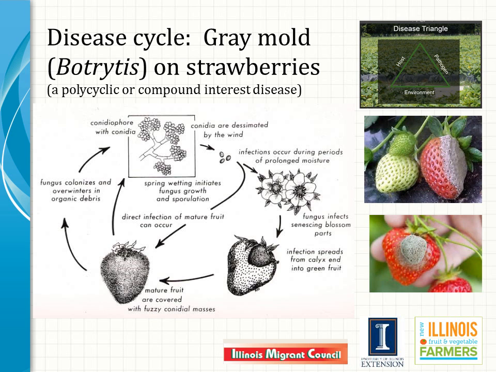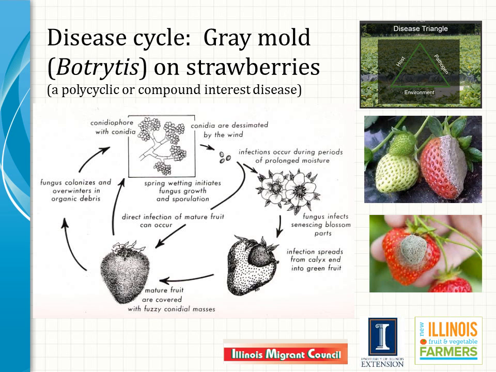Gray mold of strawberries and several other crops caused by a fungus in the genus Botrytis has a polycyclic or compound interest disease cycle. It causes the most damage when rainfall or irrigation during bloom and fruit development allow the pathogen to grow. It infects senescing blossoms first, and infections spread from blossoms to fruit.